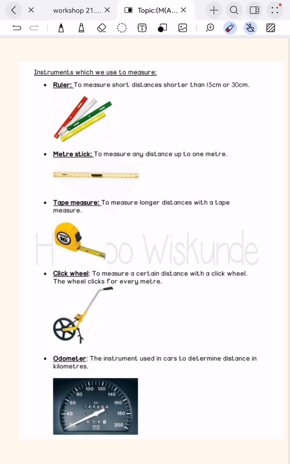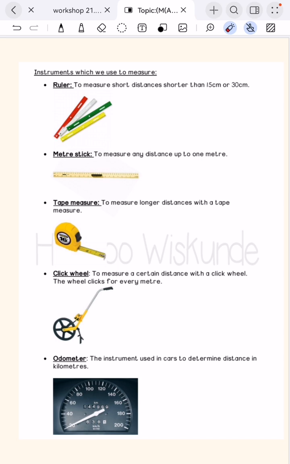Then we have the meter stick, which looks something like the item I have shown on the board. With a meter stick, we measure distances from maybe the length of the ruler up to a meter. Don't worry if you don't know what a meter is, but it is equivalent to about two of your footsteps. We will talk a little more about those.